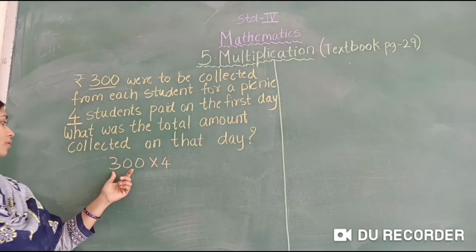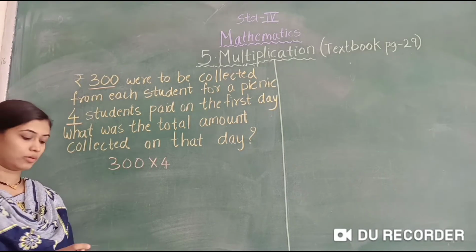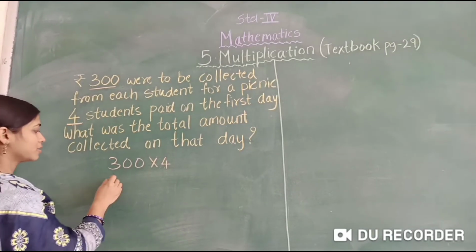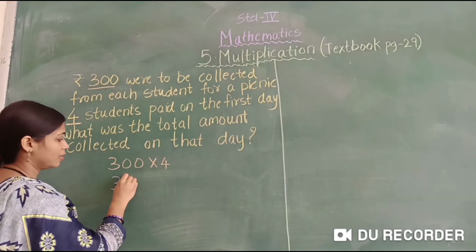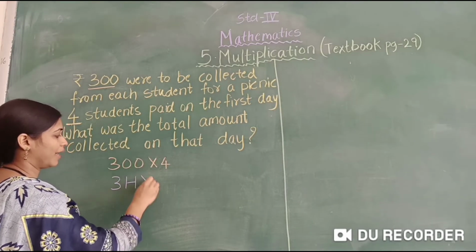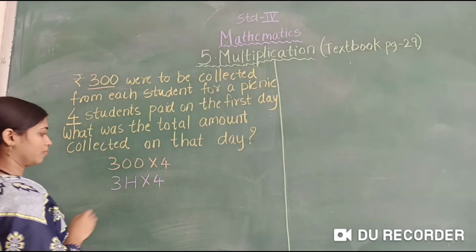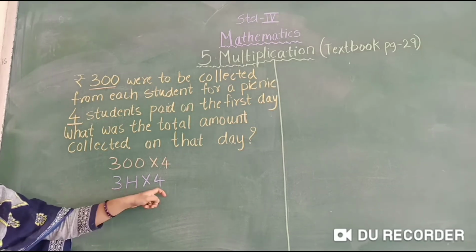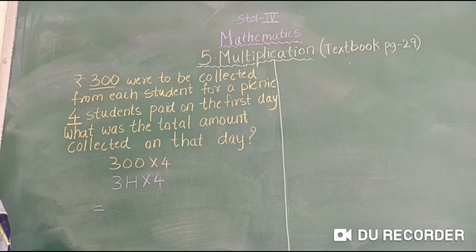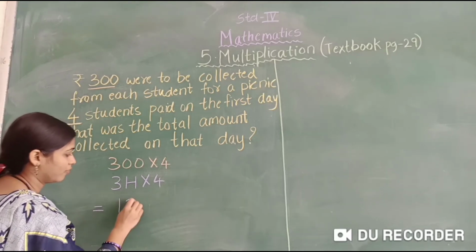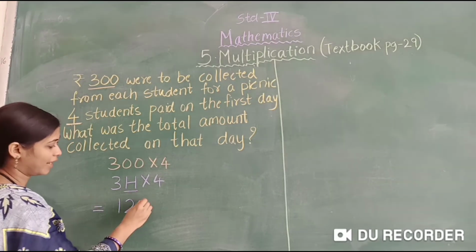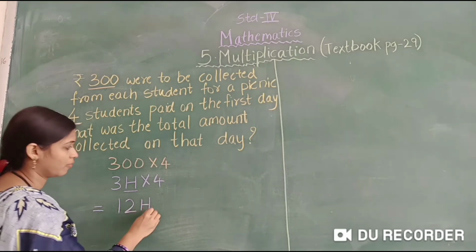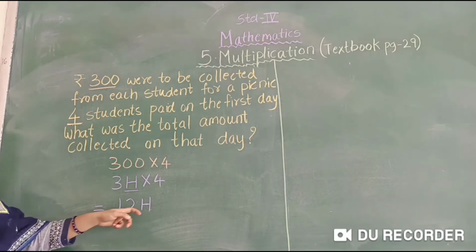And 300 is written how? 300 is also written as 3h multiplied by 4. What answer you will get here? 3 multiplied by 4 is how much? Right, 12. And this h we will write next to 12. 1200.